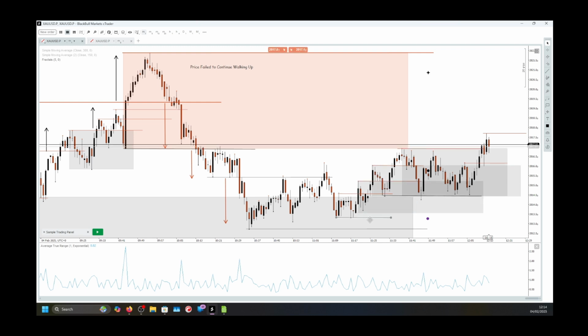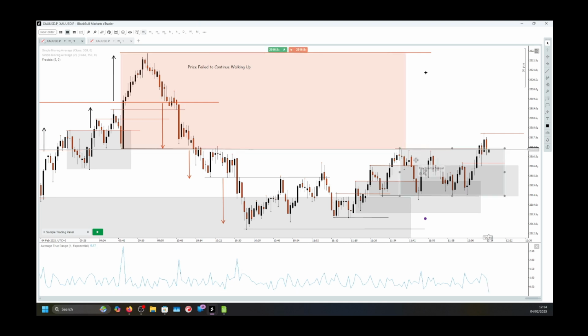See, price stepped up, came back, stepped up, came back into the 2 levels. Price steps up, comes back through to the 3 levels.